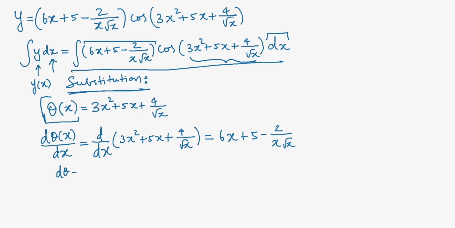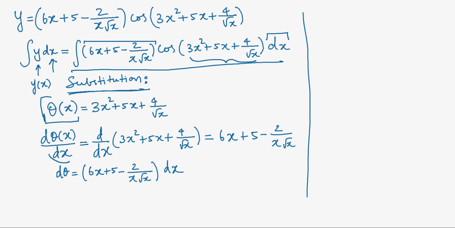Then we can say that d theta is actually the whole thing we got on the other side, minus 2 over x root x multiplied by dx. Do you get that? Yes, uncle. So we have taken the dx to the other side of the equation. That's it. Okay, so now you see, because of that our life becomes much easier.